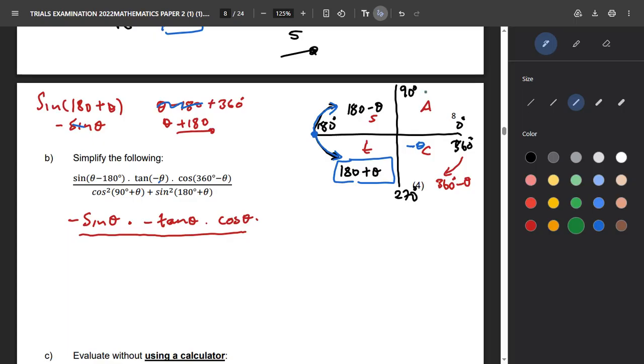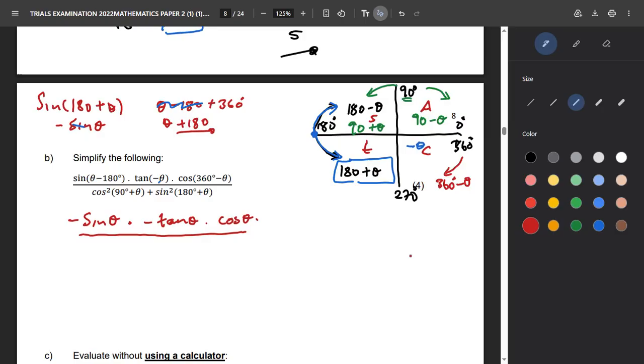In quadrant 1, if this is 90 and I go like this, I'm subtracting. How do you move from 90 to 0? You are subtracting. So this is 90 minus theta. Then if this is 90, you go in that direction, from 90 to 180 you need to add. Then that's 90 plus theta. So that's quadrant 2.